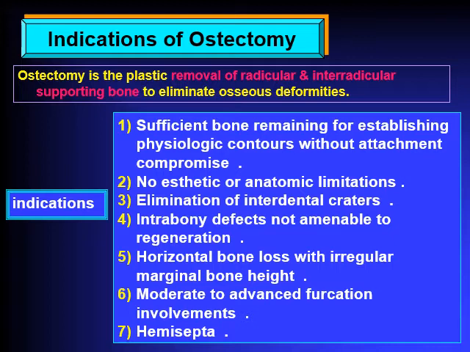Deep interdental craters. Number 4, intra-bony defects not amenable to regeneration. Number 5, horizontal bone loss with irregular marginal bone height. Number 6, moderate to advanced furcation involvement. And number 7, hemiseptal defect, which is a one-wall defect.